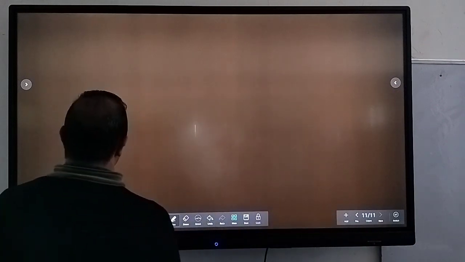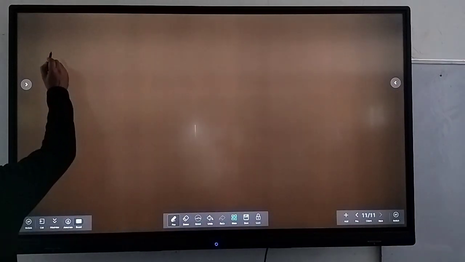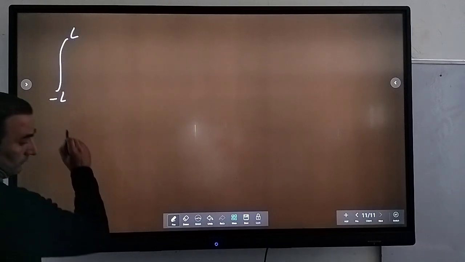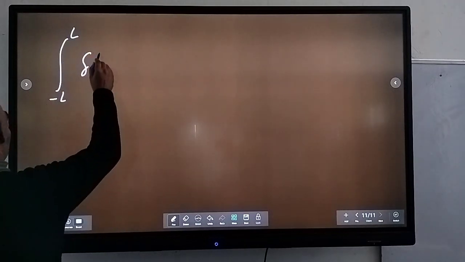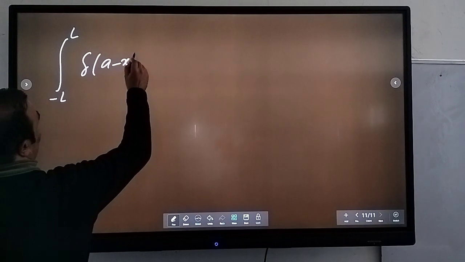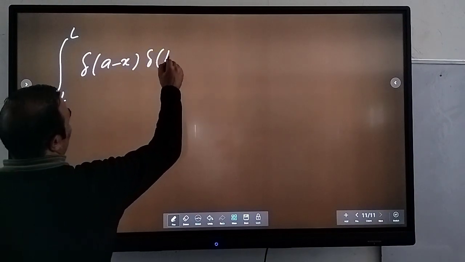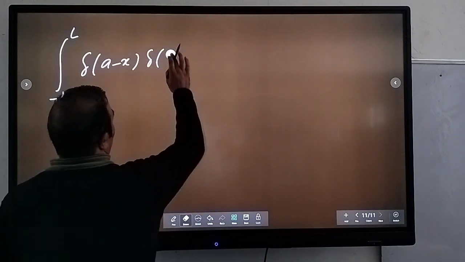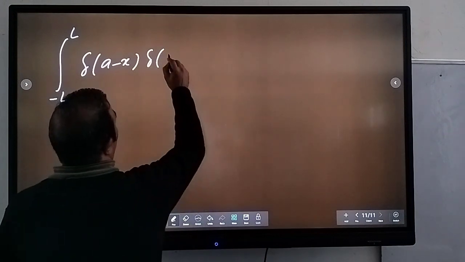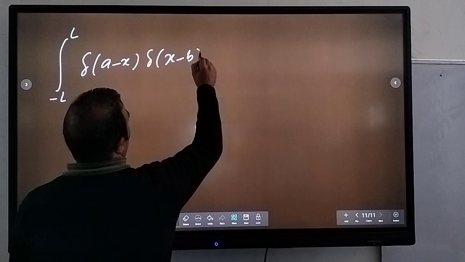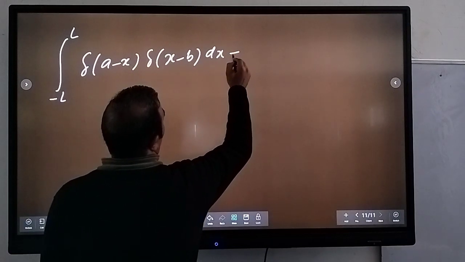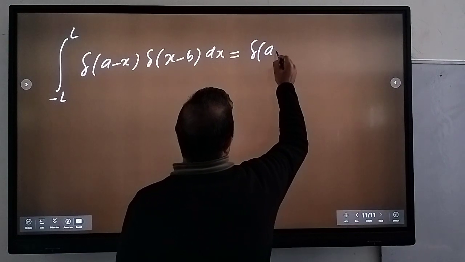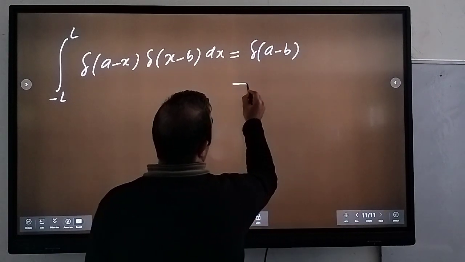I can write this as the integral with limits from minus L to plus L of delta of a minus x, and that's equal to delta of a minus b, or it is equal to 0.